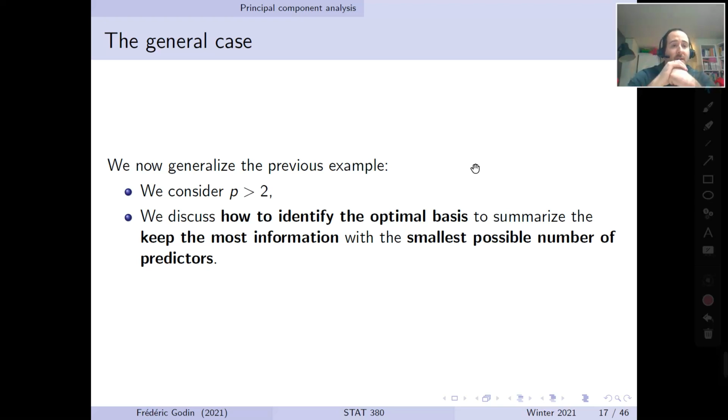So we'll stop the lecture there, but within the next lecture, we will tackle the more general case where first we generalize into higher dimensions. So instead of having p equal to 2, we'll consider a general p. And the second thing we will consider next is the identification of this optimal set of axes, or this optimal orthonormal basis.